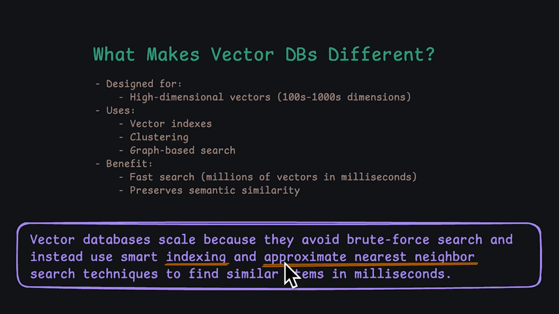This is a very important concept, the approximate nearest neighbor search techniques, and we will cover all these techniques separately. But for now, this is what is actually powering your vector databases, and this is a very important thing to note at this point.